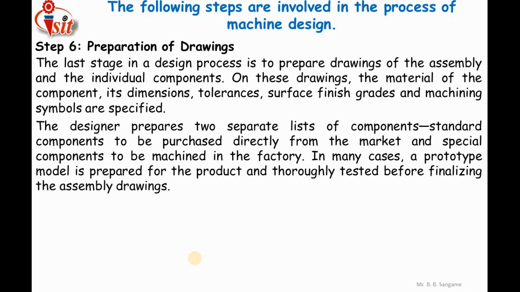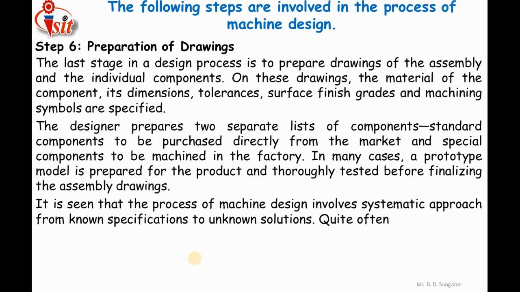If the prototype works fine and satisfies the need of the customer, there is no need to change the design, and it can be forwarded to the production department for mass production. If it does not work as per the requirements of the customer, the design engineer has to go back to the previous steps of design and identify where the problem is.